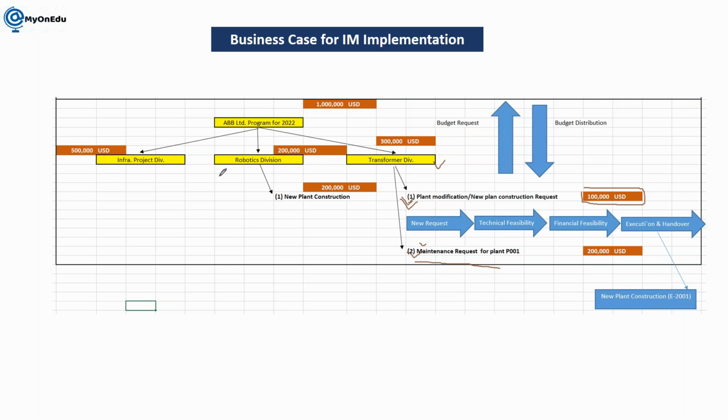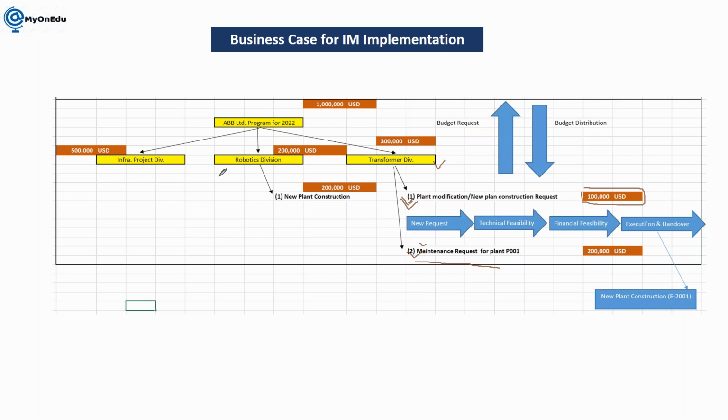It is already there, but maybe in 5 years we will not be able to get it in India. So in that case we need to understand whether it is technically possible or not. Coming back to the same example of plant modification or new plant construction, here also we are checking the possibilities, whether we can enhance our existing system or not. Whatever available system we have, is it open to further enhancement or not?